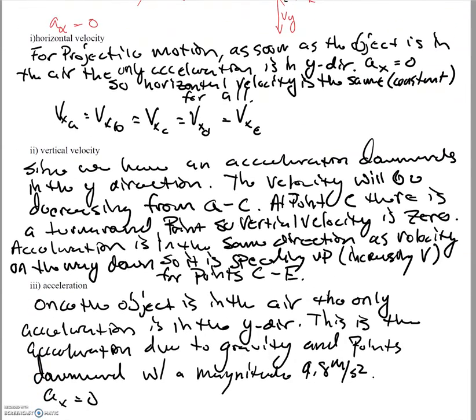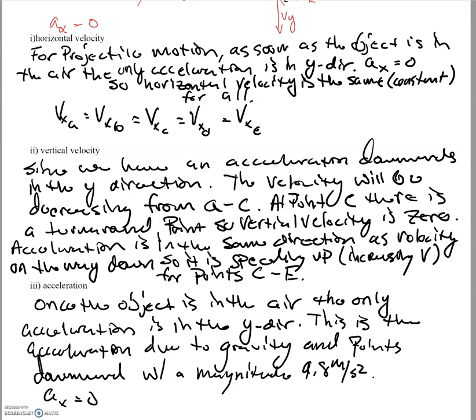And then for 3, the acceleration. We've already touched on this, but just to reiterate, the acceleration in the x direction is 0 by definition of projectile motion. Projectile motion says that the only acceleration, or the only force acting on the object, is gravity, which means that we only have acceleration in the y direction, the acceleration due to gravity.